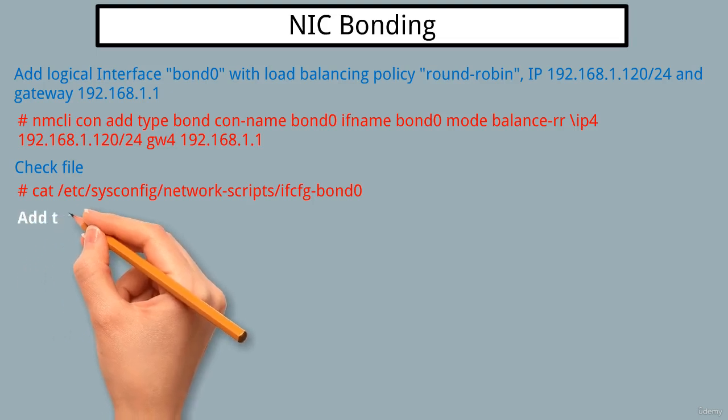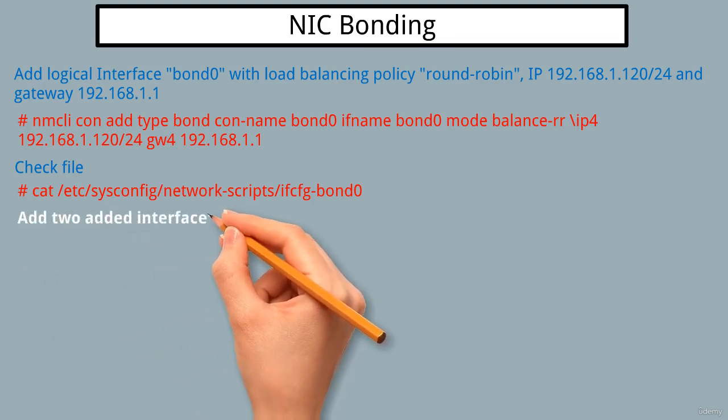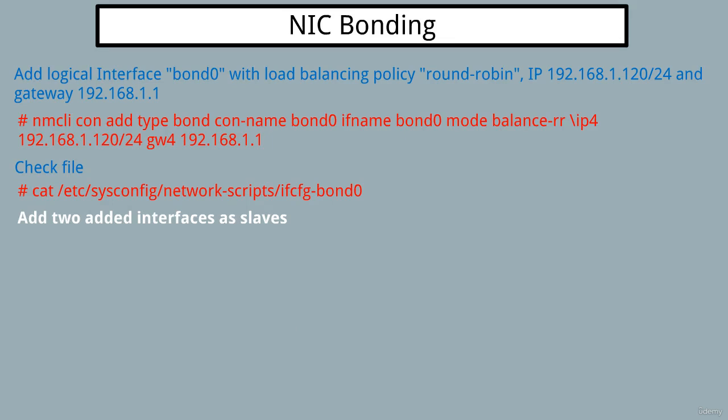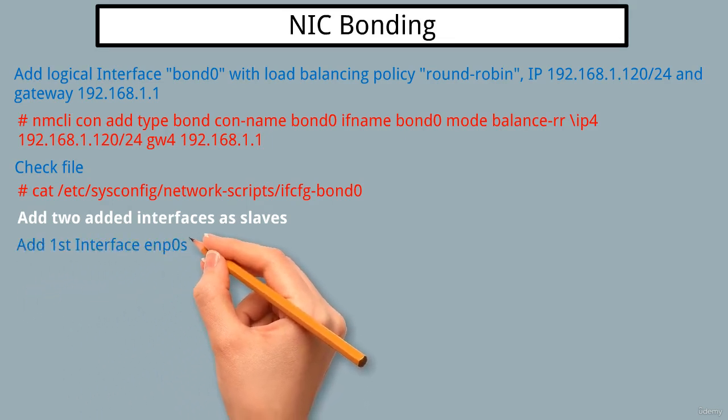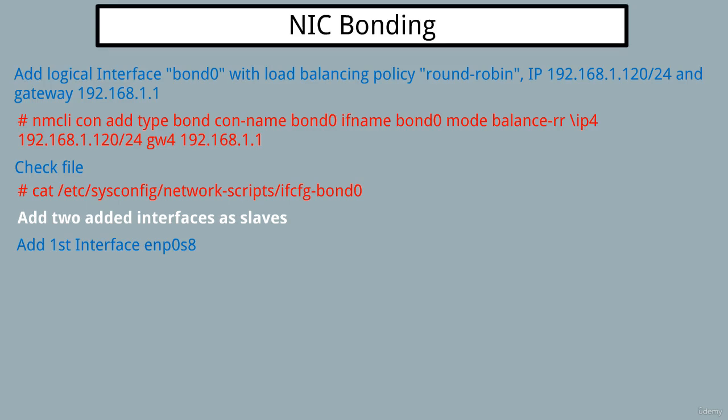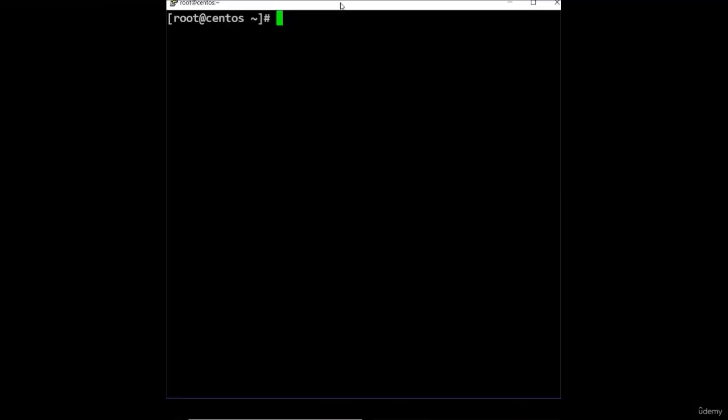Now we're going to add the two interfaces that we added earlier as slaves. So first thing we're going to do is add the first interface, in my case ENP0S8, and we're going to add it as a slave interface. So nmcli con add type bond-slave ifname ENP0S8.